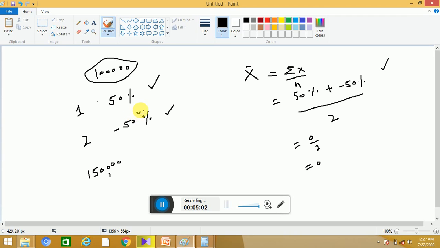Then there is a 50% loss on this 150,000.